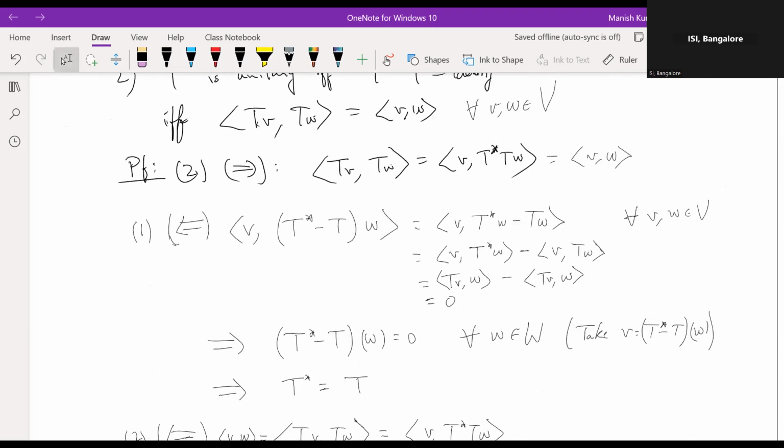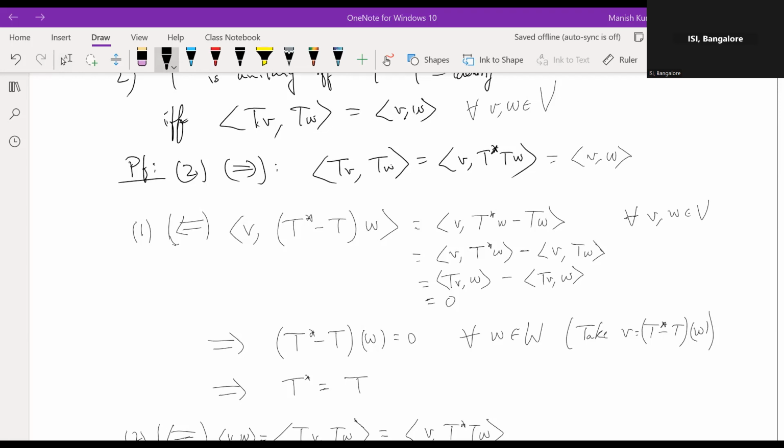For instance, you can take V to be T star minus T W. Then since this is a positive definite Hermitian form, this pairing has to be strictly positive if you take V to be this vector, because it's taking the inner product of the same vector with itself.